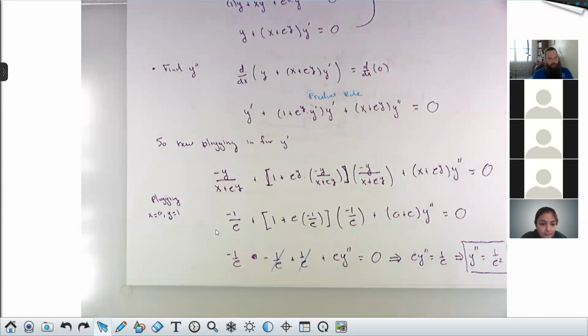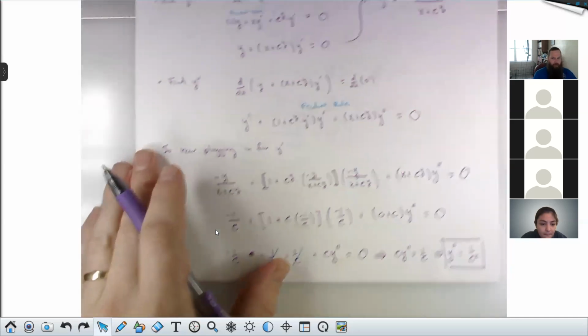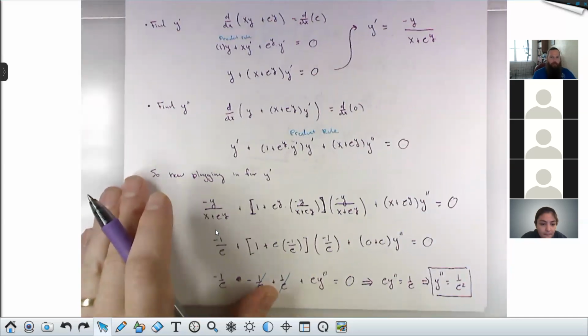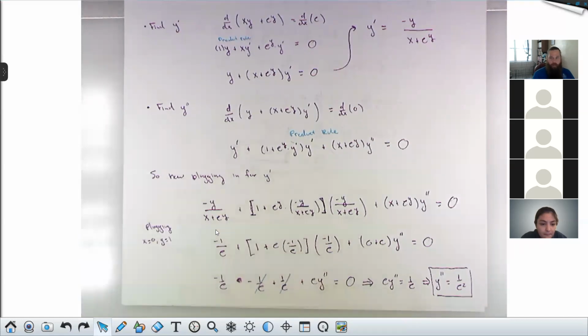All right. This is about as bad as these problems are going to get for us. But there's lots that we can do with implicit differentiation that we couldn't do without it. Specifically, this thing called related rates, where I want to take some objects that are connected to each other through geometry, but changing over time, like a balloon that's inflating or a ladder that's sliding down a wall.